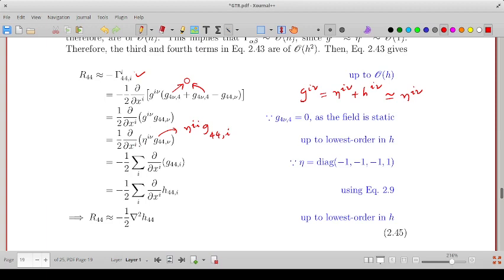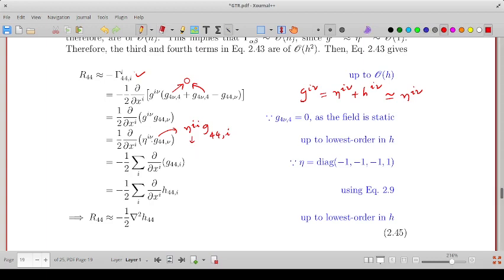Now the summation over I has to be written explicitly, because I appears in more than two places. So I have written the summation over I explicitly over here, and eta I, as we know, because eta is this diagonal metric with diagonal elements -1, -1 and -1 for the first three terms, so eta I is -1.